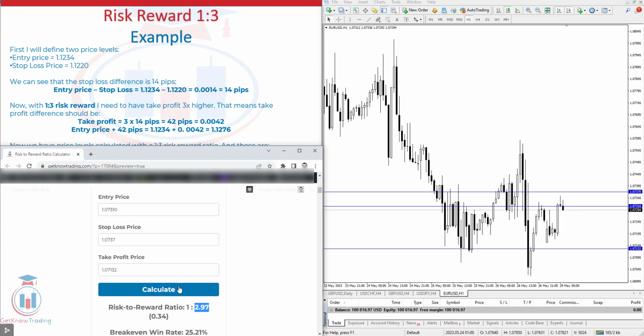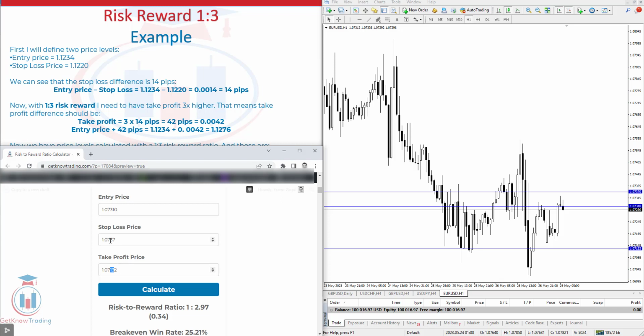If you take a calculation between the entry price and the stop loss, this is around from 31 to 37 price, it is 6 pips, and from 31 to 13, that is around 18 pips, right?